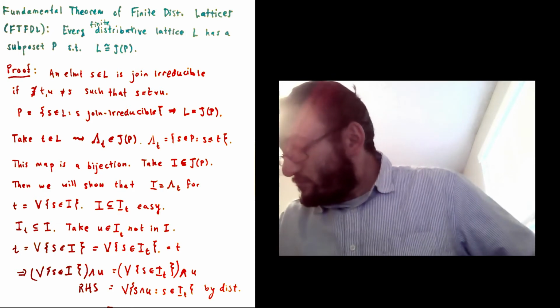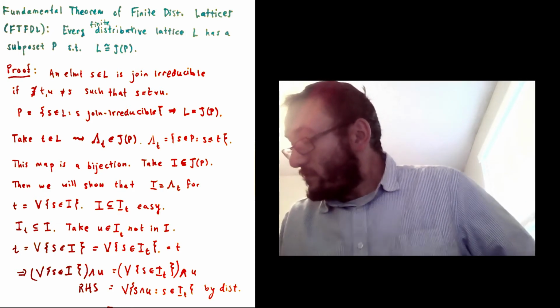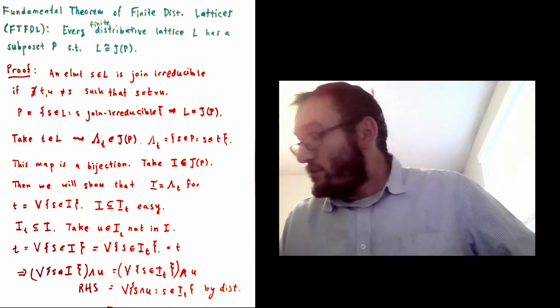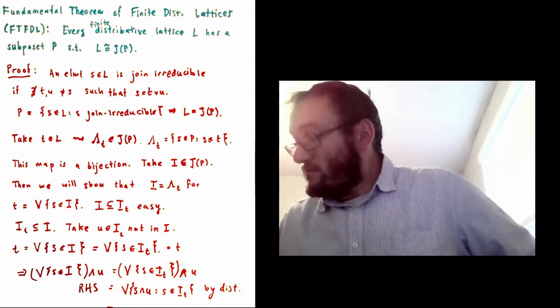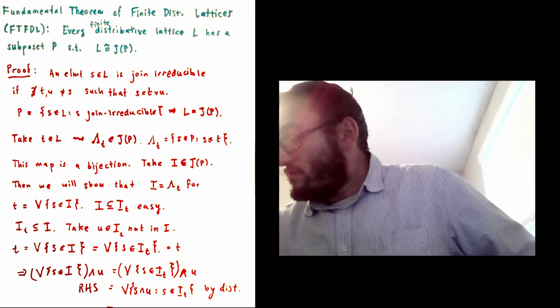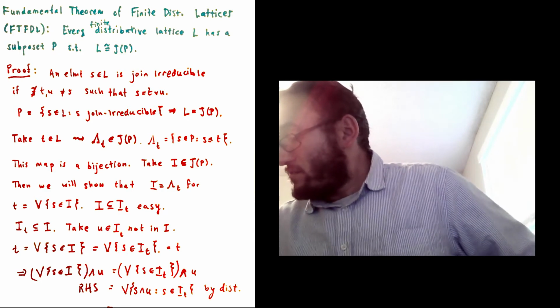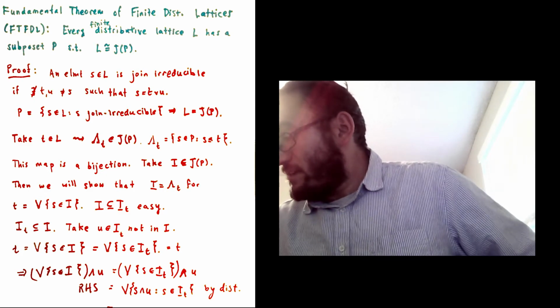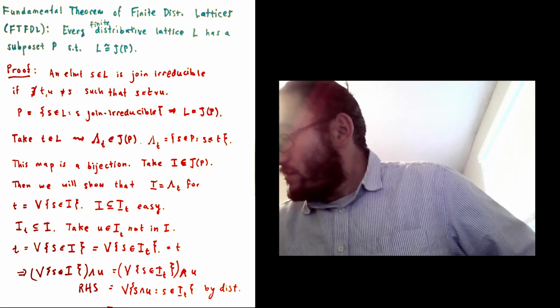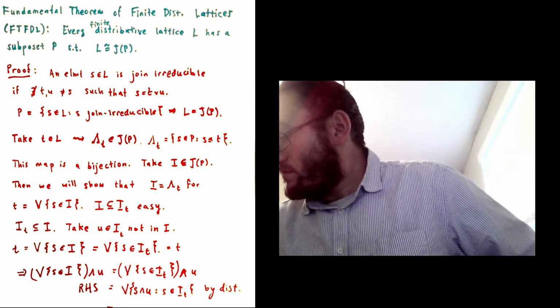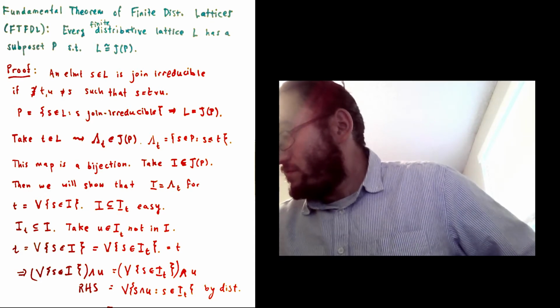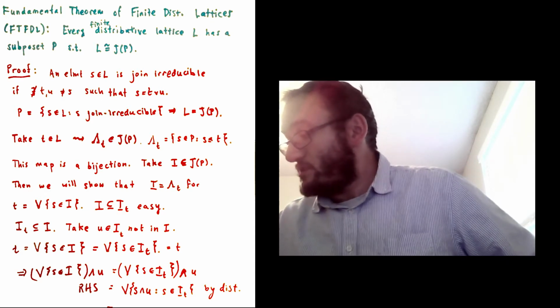So we know that U is in lambda T. So by distributivity, we have that we can put this inside here. Okay, that's by distributivity.